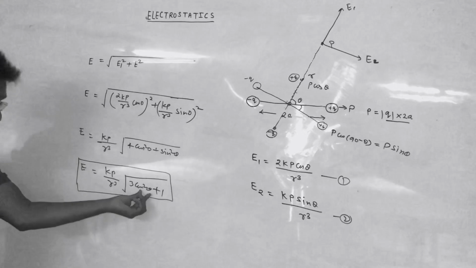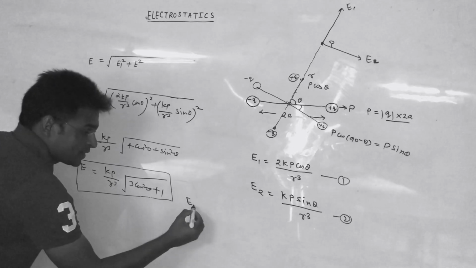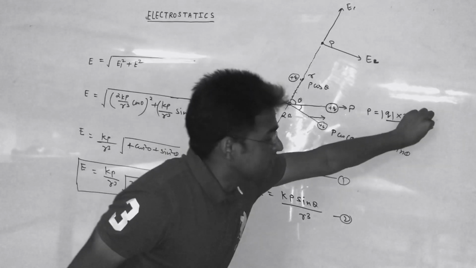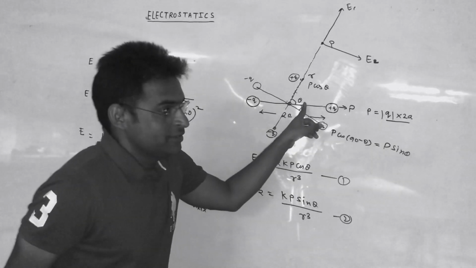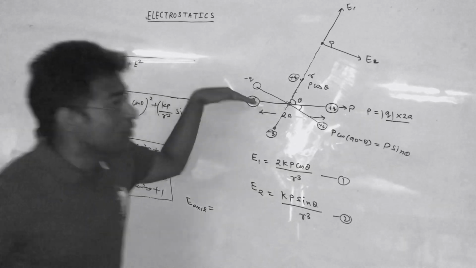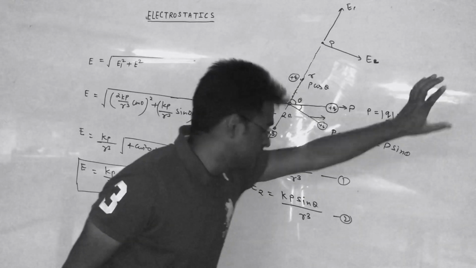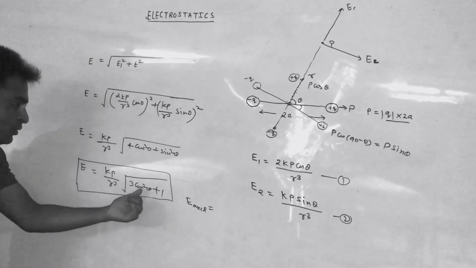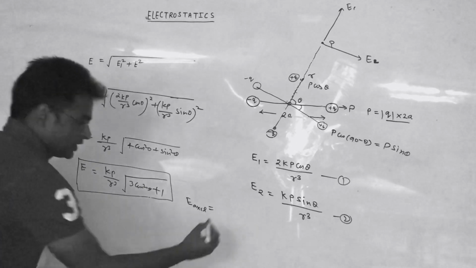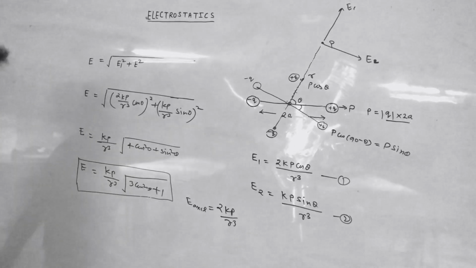If I put theta 0, cos 0 becomes 1, so 3 plus 1 becomes 4, and under root 4 is 2, which comes outside. So this becomes 2kp divided by r cube. We already know that for the axial line, this is the formula.